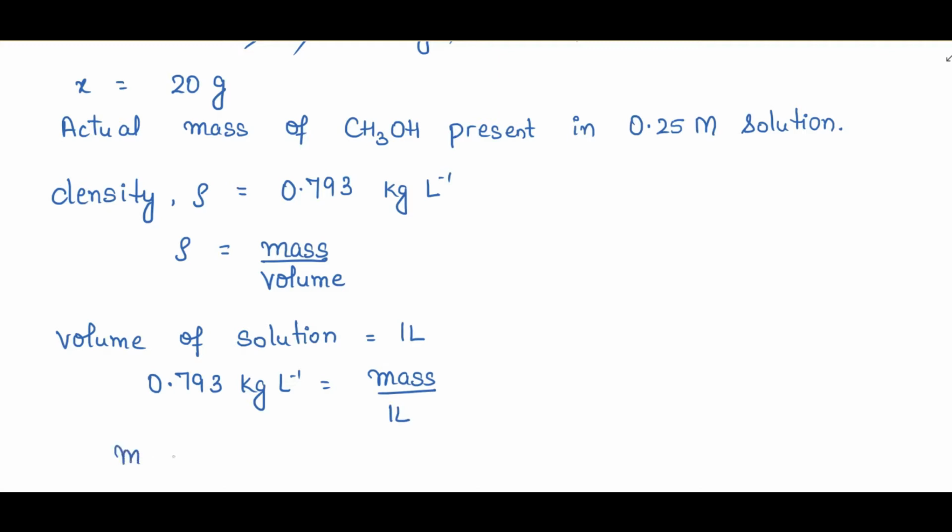Now mass of the solution that is having 0.793 density is 0.793 kg liter inverse into 1 liter. So I'll cancel this liter with this. So mass of the solution is equal to 0.793 kg.